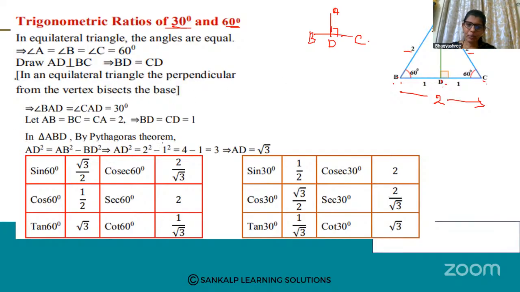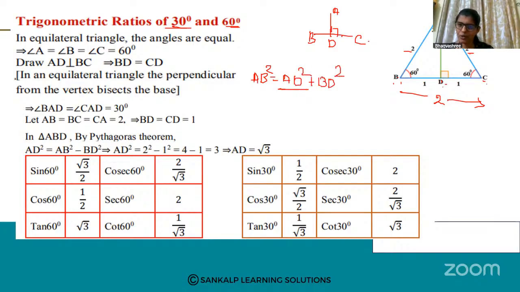In triangle ABD, by Pythagoras theorem. So dear children, here we need to find out the value of AD. We don't know AD. Do we know AD? No. So we need to find out AD. How? By using Pythagoras theorem. In triangle ABD, AB square is equal to AD square plus BD square.